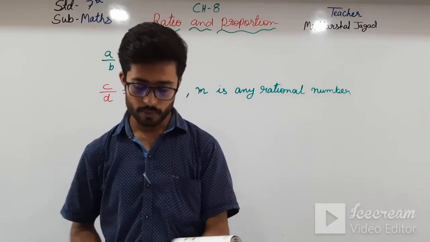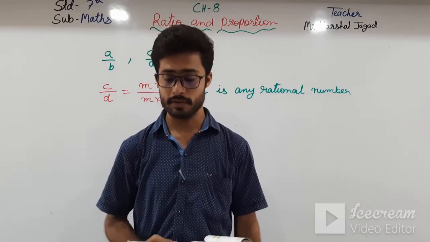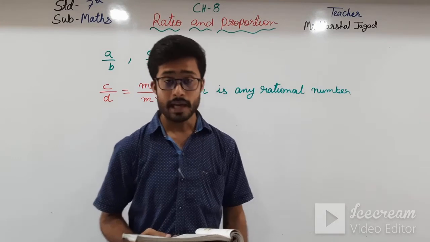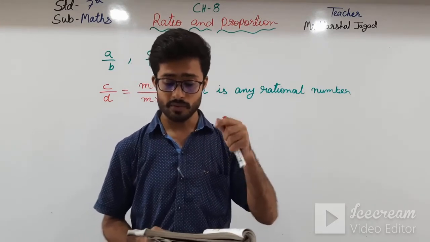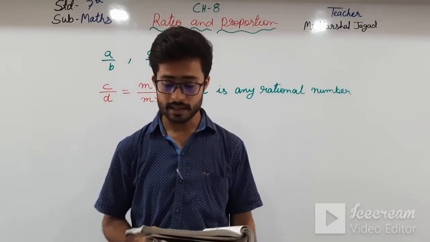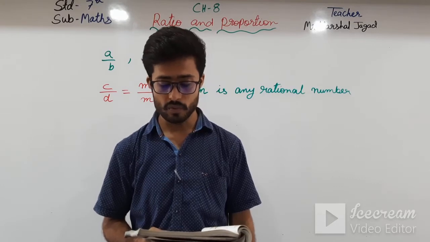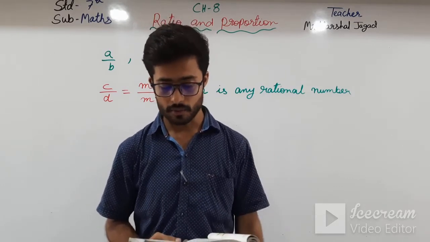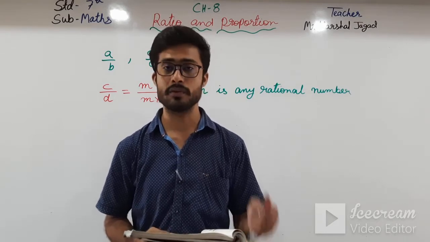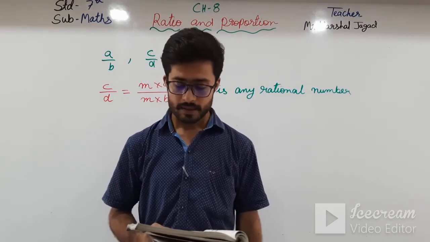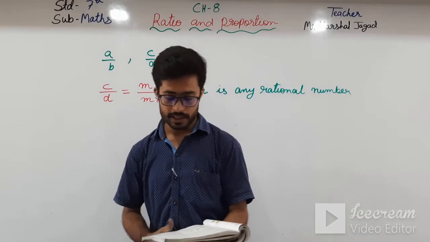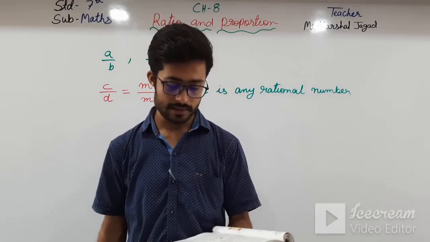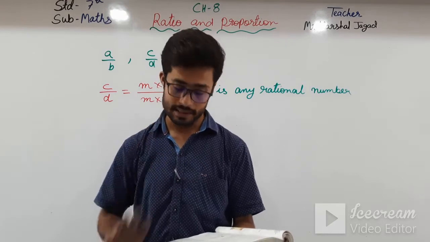A proportion like 2/3 is equal to 6/9 can also be written as 2:3 is to 6:9, and it is read in different ways like 2:3 is proportional to 6:9. Whichever way you read it, it means only that 2:3 is the same as 6:9.